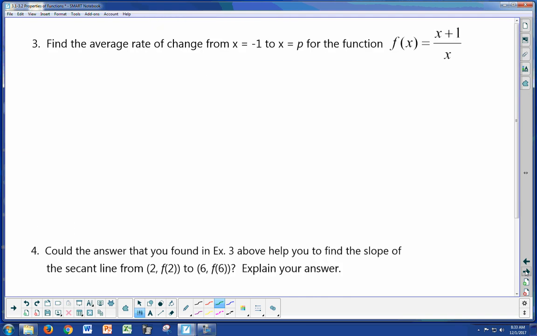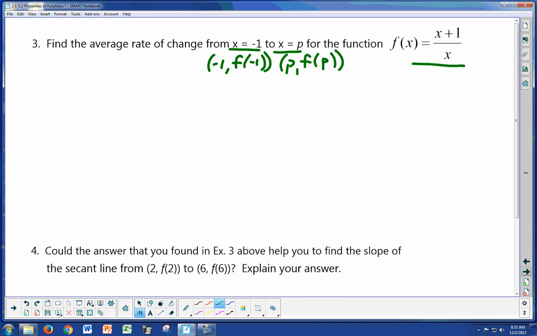So we've already seen an example now where one of the points is fixed and the other point is unfixed. And here's another example written a little bit differently. We're talking about negative 1, f of negative 1, and we're talking about p, f of p in this problem.